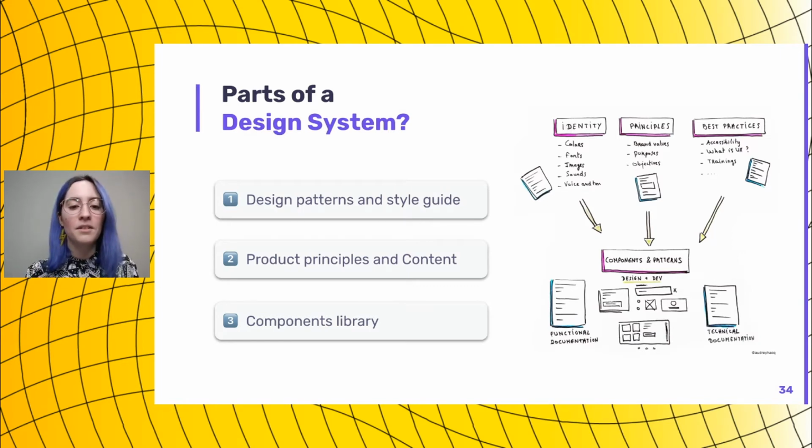Another part is everything related to product principles, voice and tone, and the written content. And last but not least, we have the components library. If you want to build an even more scalable design system with framework-agnostic components, you can develop them as web components and document them using tools such as Storybook.